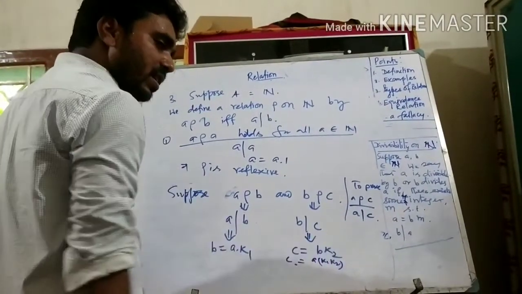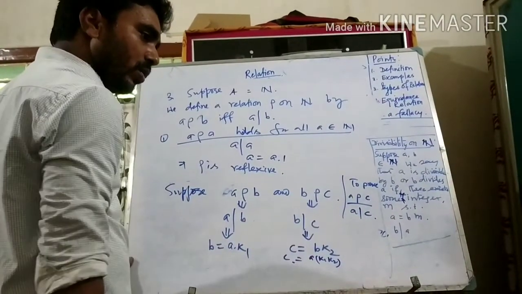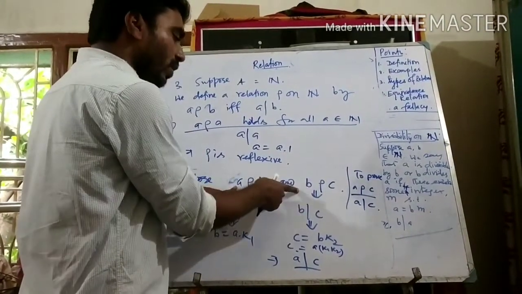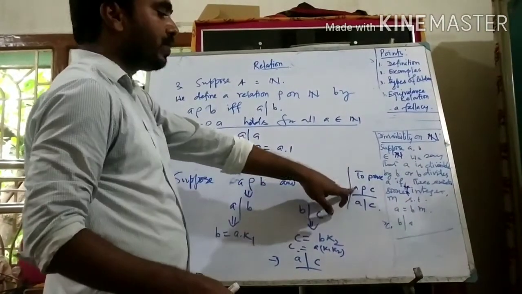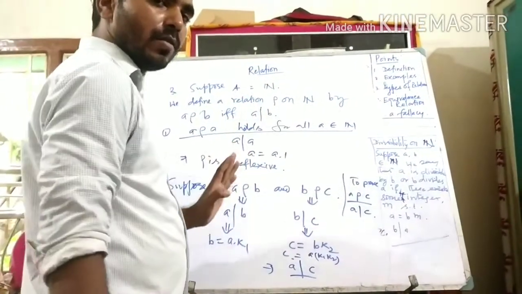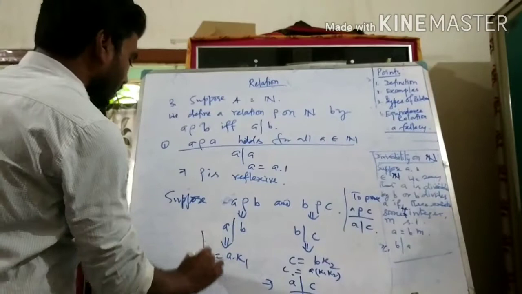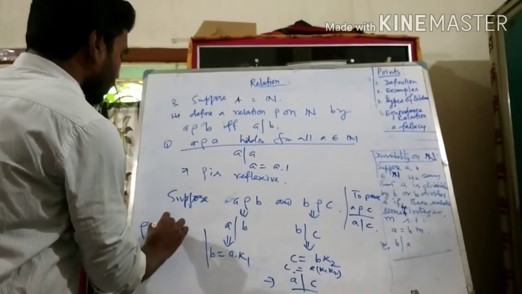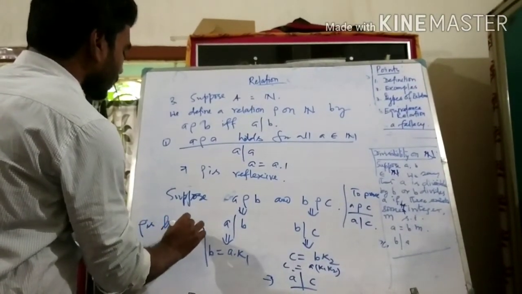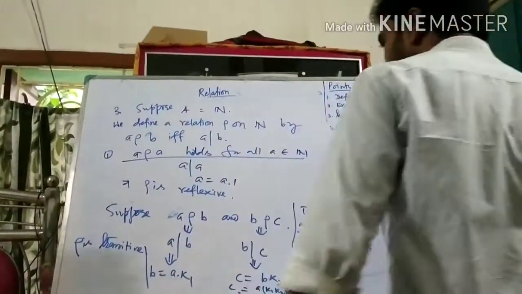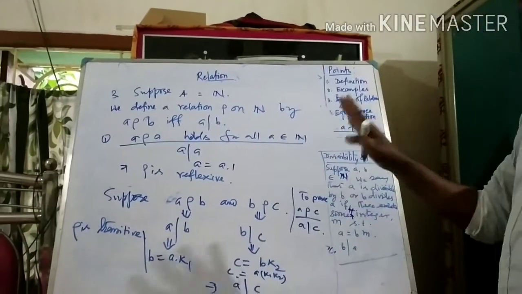Since K1, K2 are natural numbers, their product will also be. So whenever we assume these two conditions, we can prove there is a relation between A and C. So rho is transitive. So this relation is reflexive, transitive, but not symmetric.